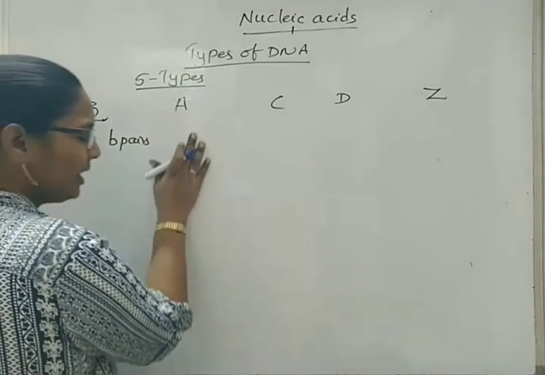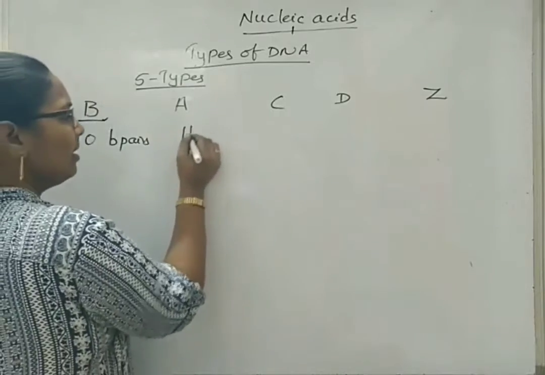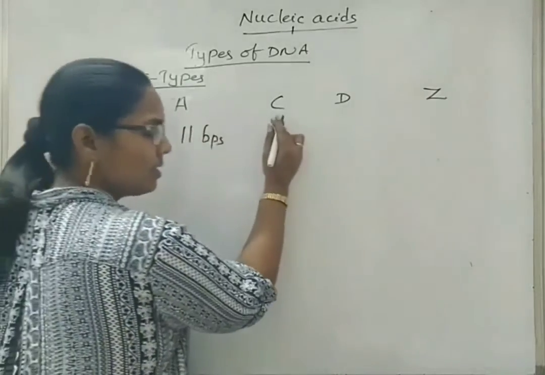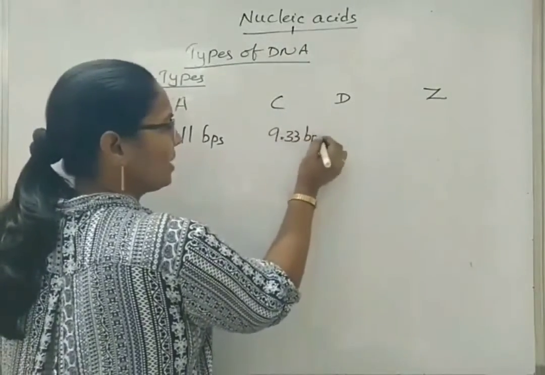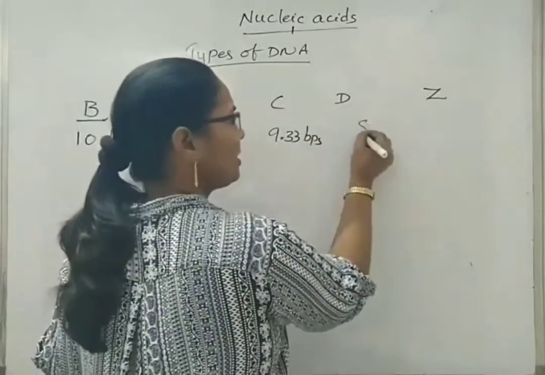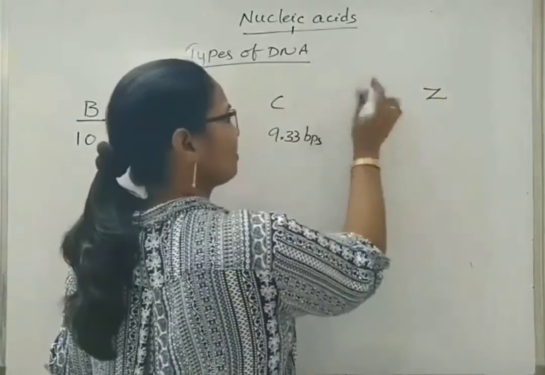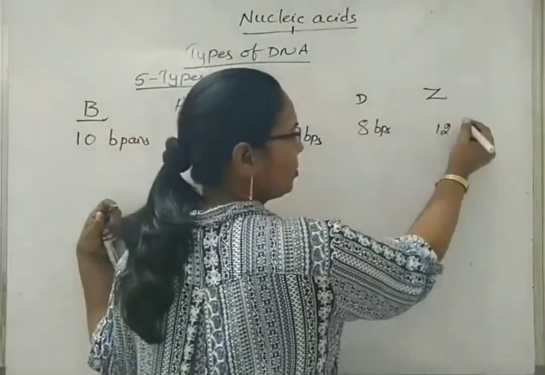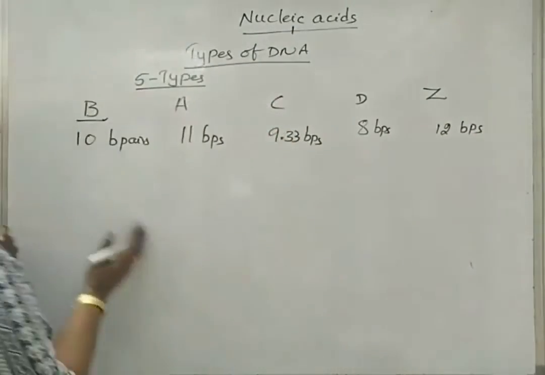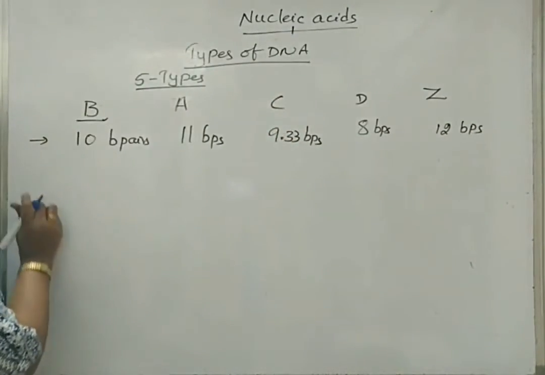A type DNA has 11 base pairs. C type DNA has 9.33 base pairs. D type DNA has 8 base pairs. Z type DNA is considered to have 12 base pairs. This is related to the base pair number.